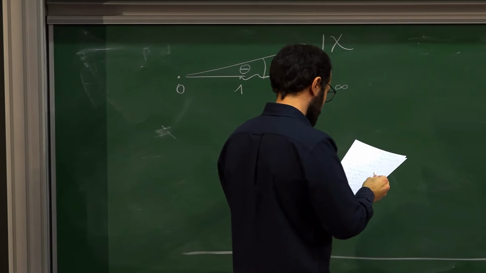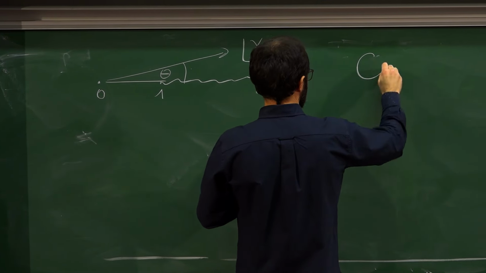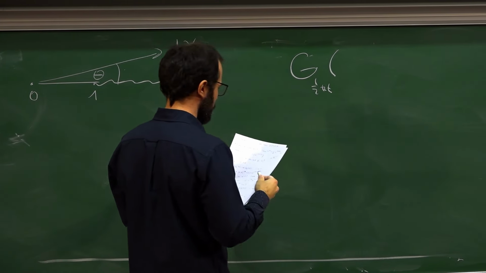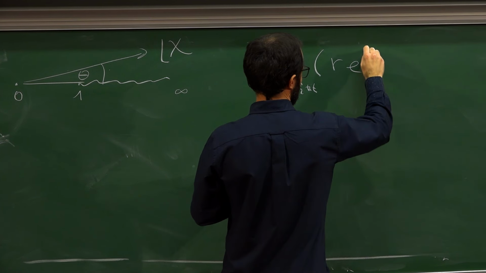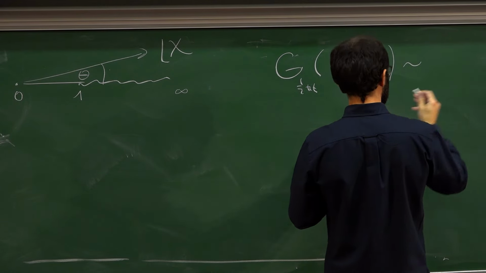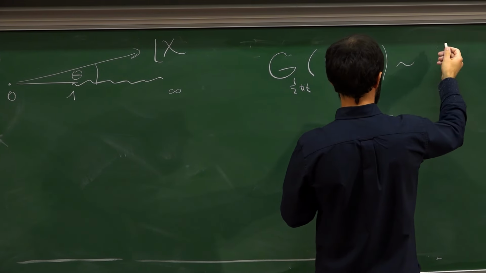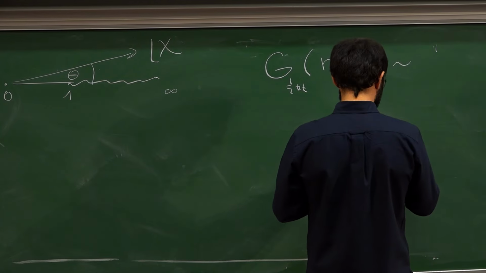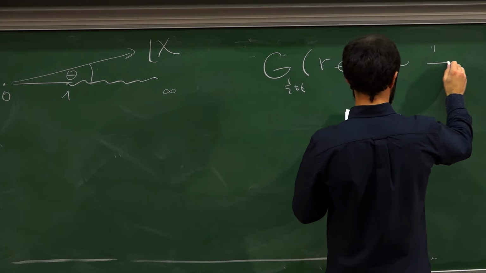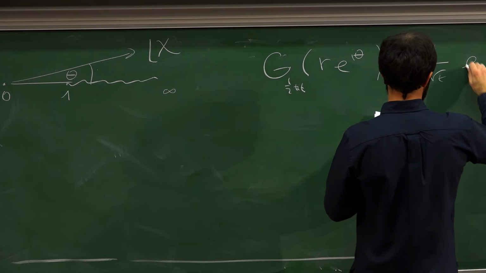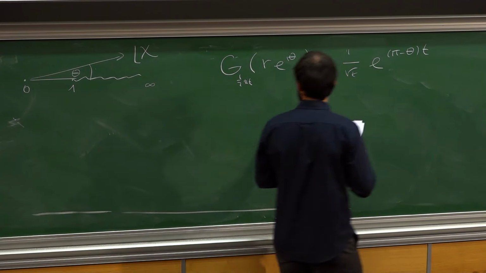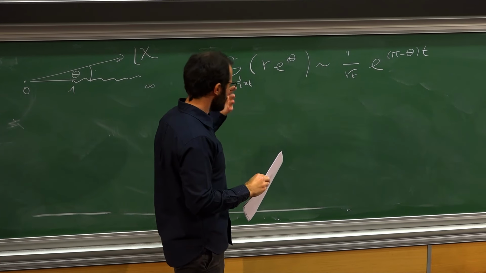Well, when you do that, you will see that if we go to 1/2 plus it, if you go at angle theta, then the conformal block at fixed r and theta at large t.